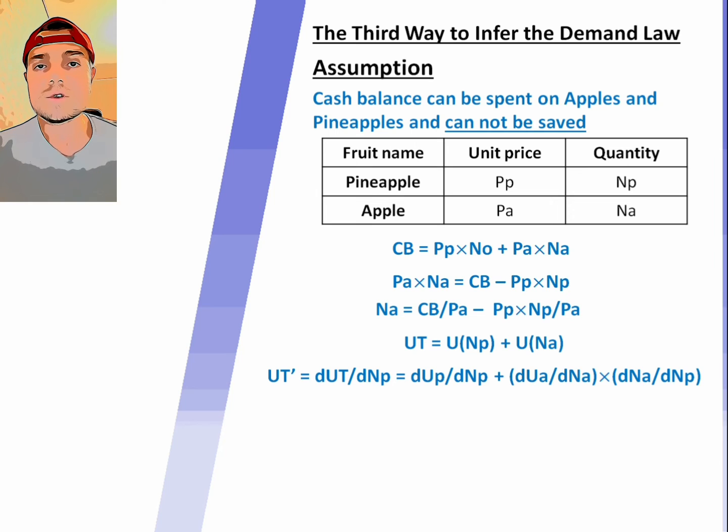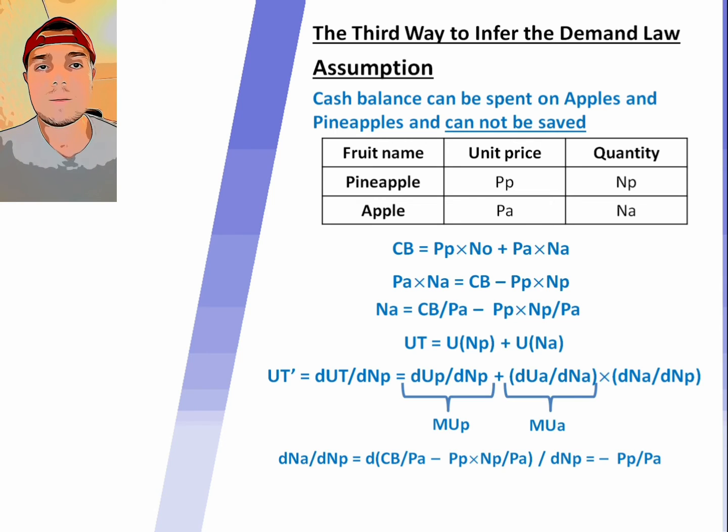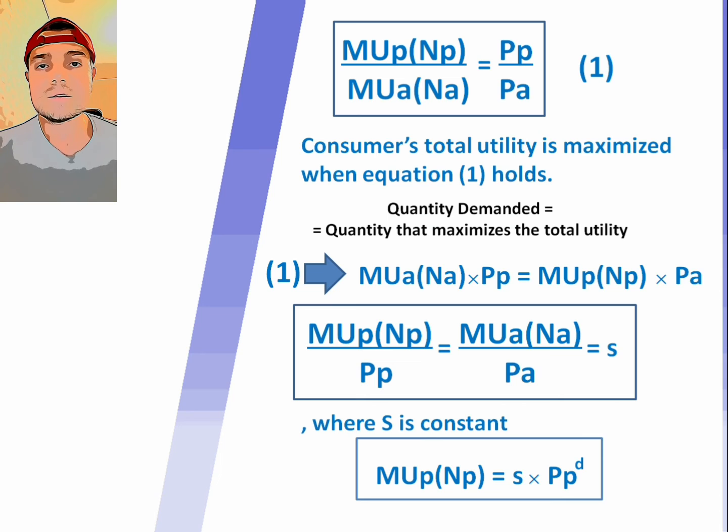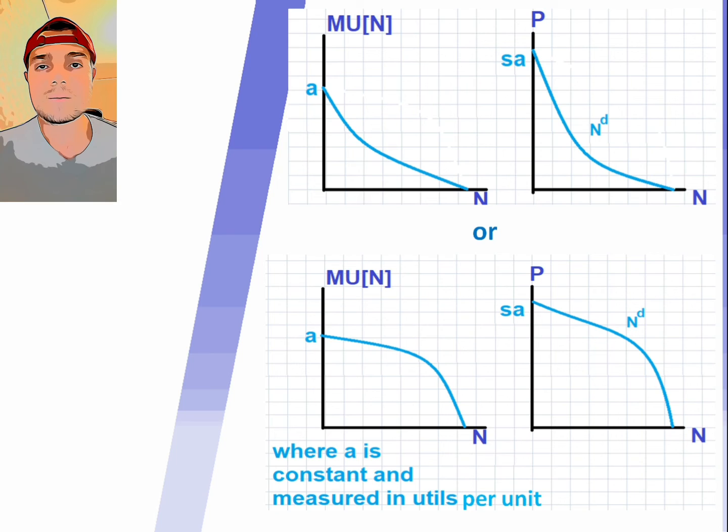When the first order derivative of UT with respect to the quantity of the pineapples is equal to 0, we can infer the ratio between marginal utilities of apples and pineapples. That in turn is equal to the ratio between the prices of these two goods. The ratio also means that the ratio between the goods price and its marginal utility is constant. Let's denote this constant by S. Hence, taking into account the marginal utility diagram, we can easily infer the demand curve.